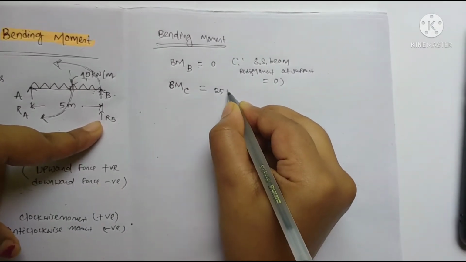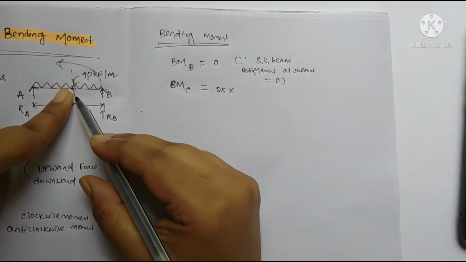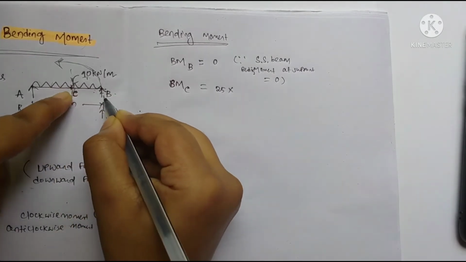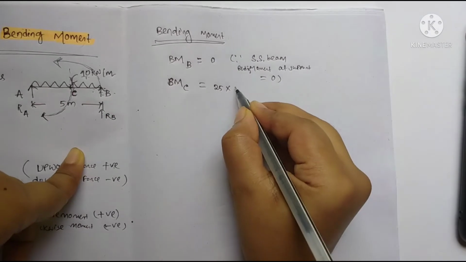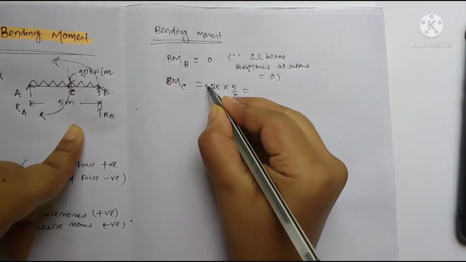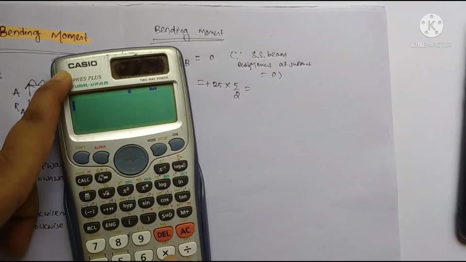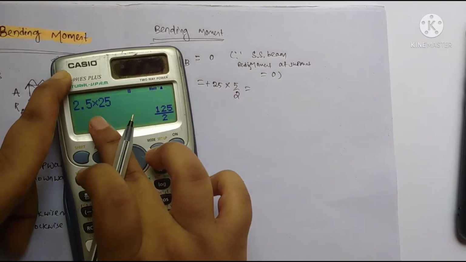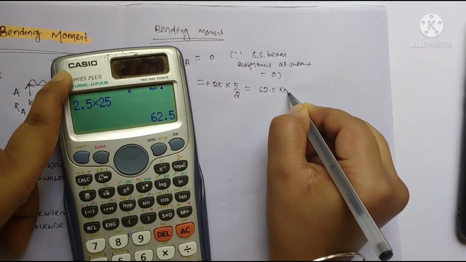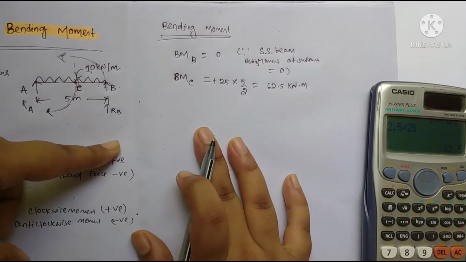So 25 into the perpendicular distance about point C, which is 5 by 2, and its sign is positive. 5 by 2 is 2.5, into 25, that will be 62.5 kilonewton meter. The unit of moment is kilonewton meter.